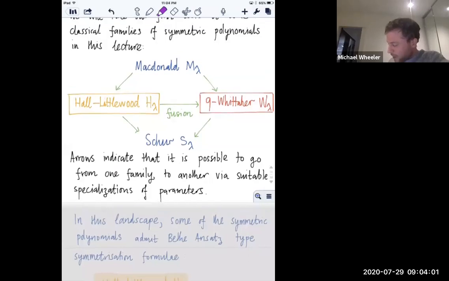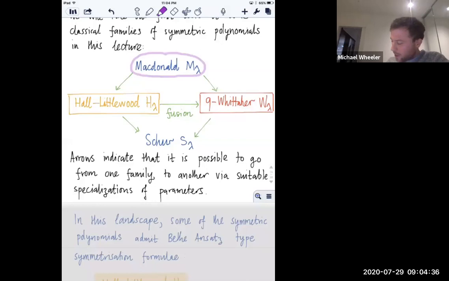So indeed, most of what I'm going to say, you can just find it in McDonald's book. We're going to be talking about those 2 families of symmetric functions. I've drawn this little picture here, which is a miniature of the basic symmetric function landscape that is probably familiar to many people. At the top of this hierarchy, arguably, some people would say that there are other things beyond this, but certainly in terms of what you'll find in McDonald's book, this is the top of the hierarchy, the McDonald polynomials.